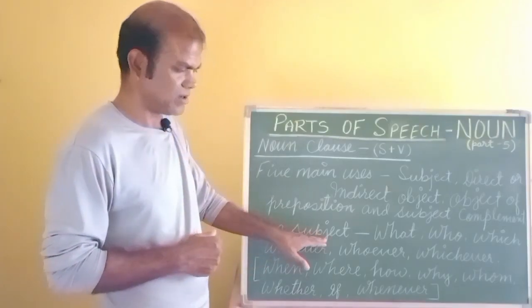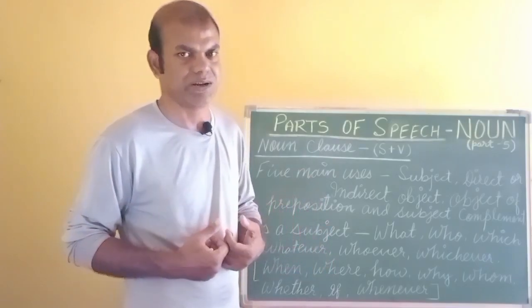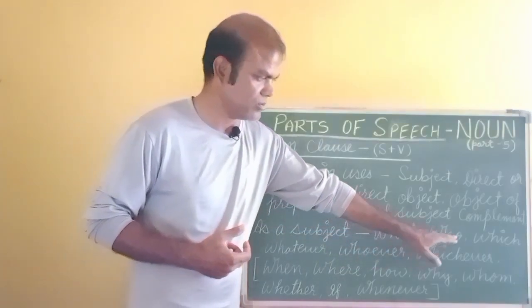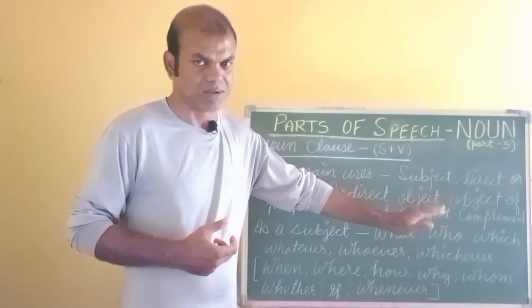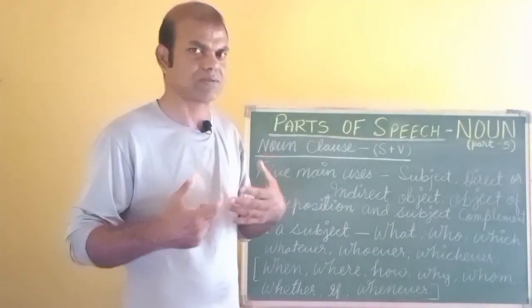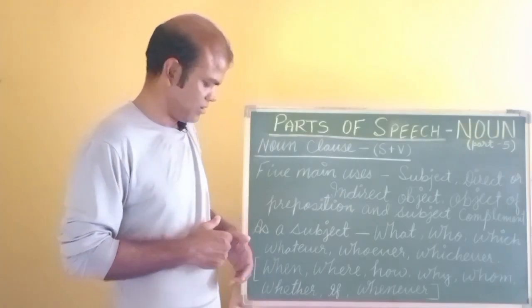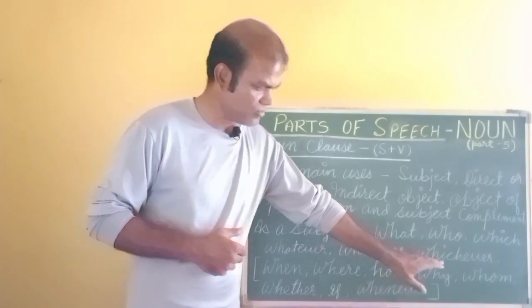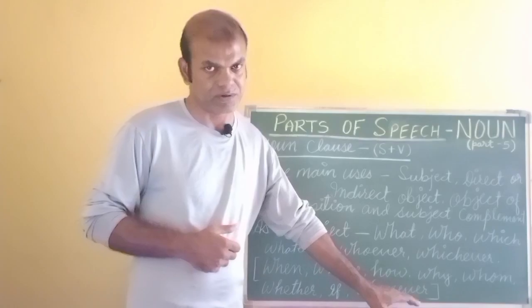Now as a subject, some conjunctions can perform as a subject in the noun clause, like what, who, which, whatever, whoever, whichever. These conjunctions can be a subject in a noun clause. On the other hand, there are when, where, how, why, whom, whether, if, whenever.